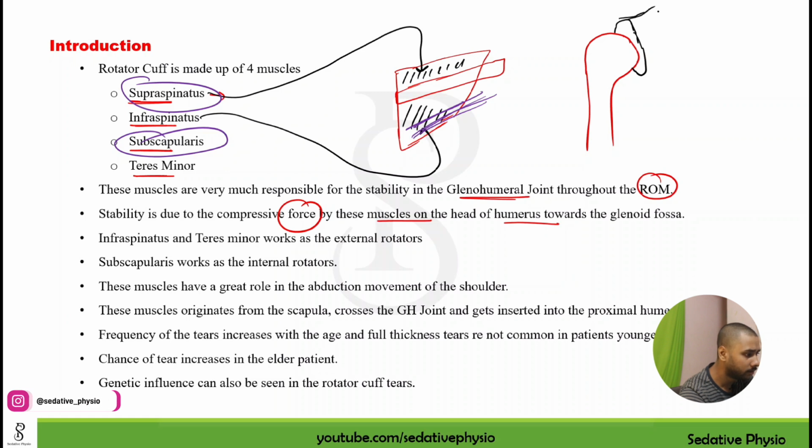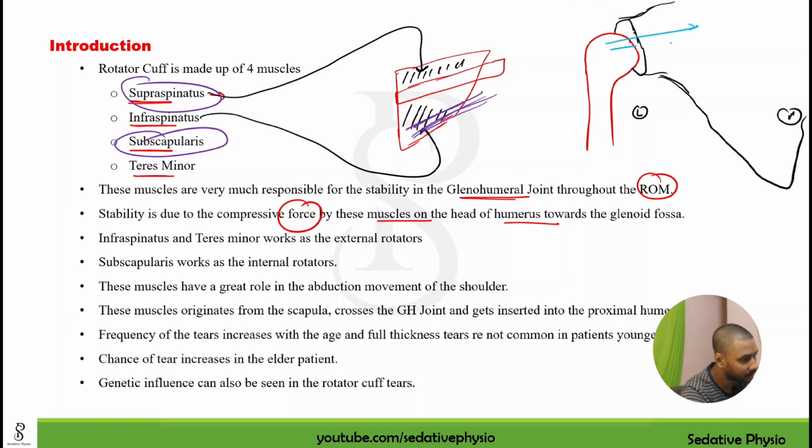So what happens basically here? This is the lateral angle, something like this. This is the lateral aspect, right? And here we have the medial aspect. The rotator cuff muscles present here basically pull this humeral head in the medial direction, something like this.